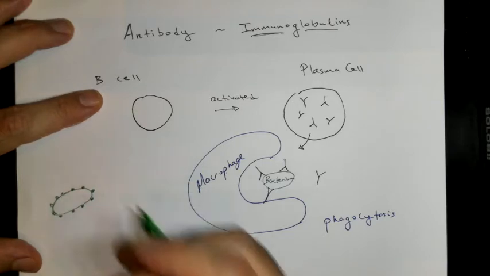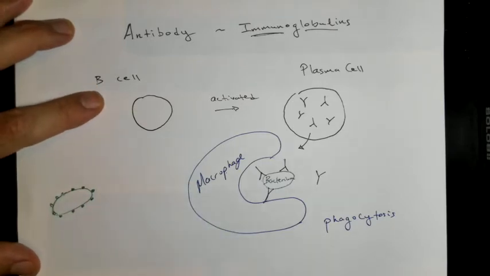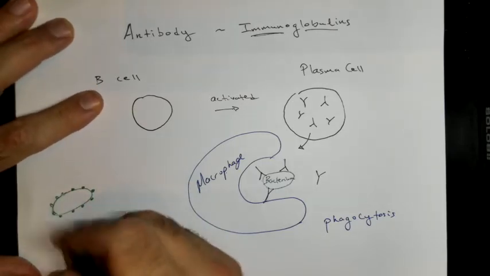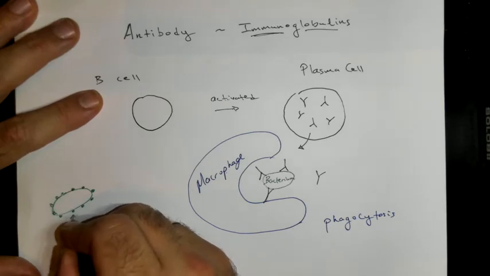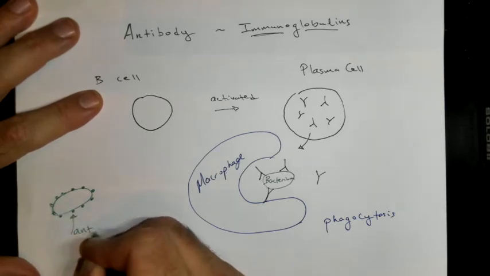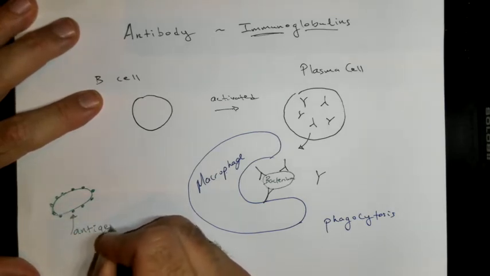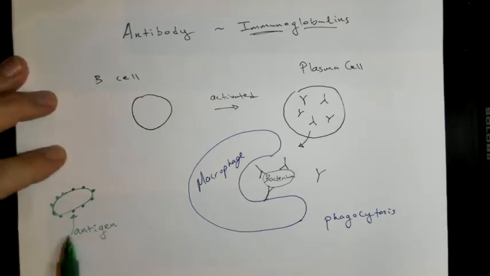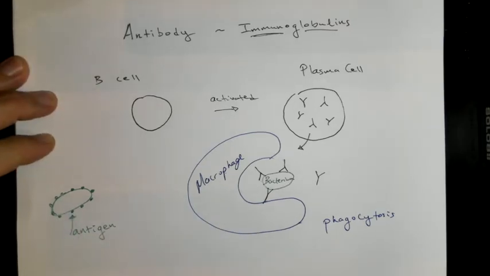And these little bumps, made of proteins and sugars, are known as antigens. So there is an antigen right there on that bacterium.